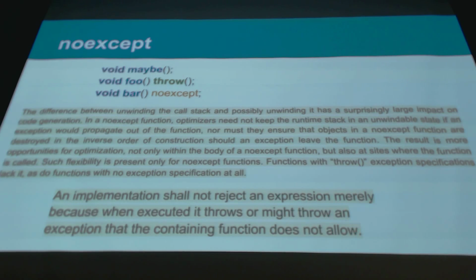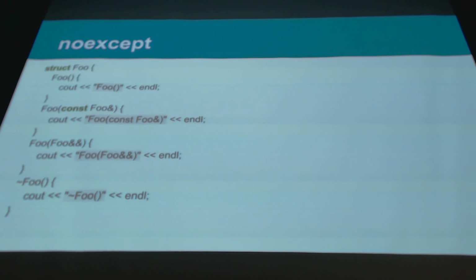And the thing that I mentioned is that even if I say that something is noexcept, we can always throw inside this function, because this is only a declaration, right? And of course it's because we are in C++, not in Java.